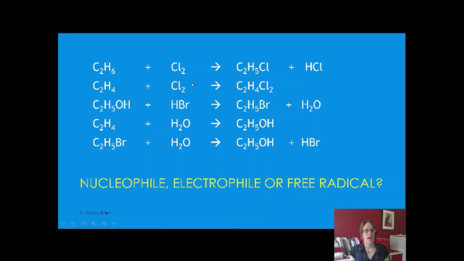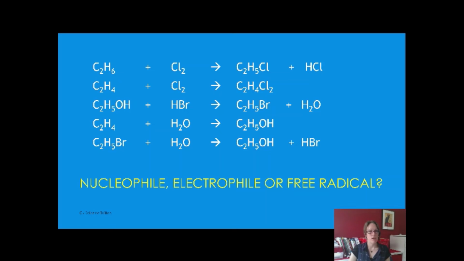They try to look at the chlorine or the HBr or the H2O, but as you can see, those molecules come up time and time again in different reactions, and they don't behave the same way. So especially when I'm trying to identify an electrophile, I can't tell whether chlorine is being an electrophile unless I know what it's reacting with.